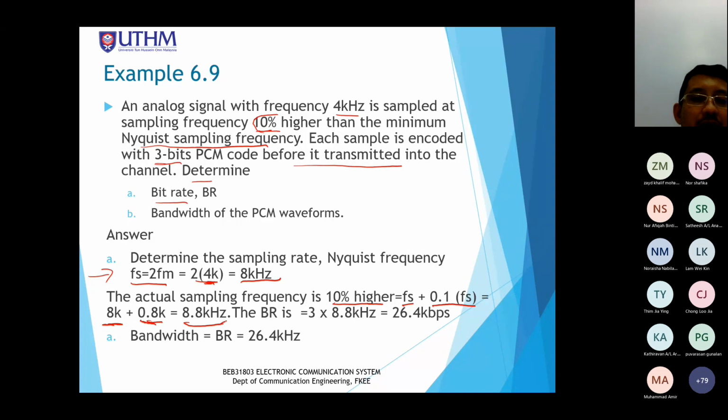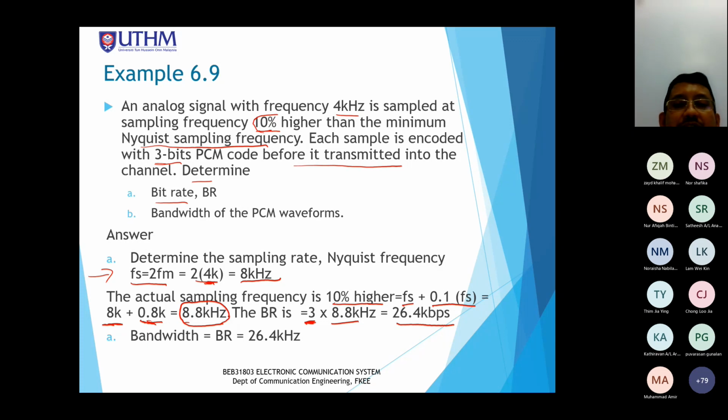So actually, we sample at 8.8 kilohertz, which is 10% higher than the minimum Nyquist rate. After we know the sampling rate, we can determine the bit rate. The bit rate is equal to the number of bits per sample multiplied by the sampling rate. So 3 times 8.8 kilohertz gives 26.4 kilobit per second.